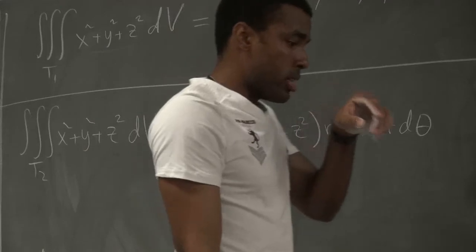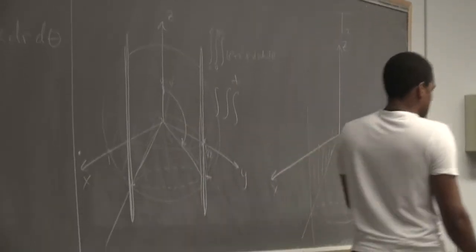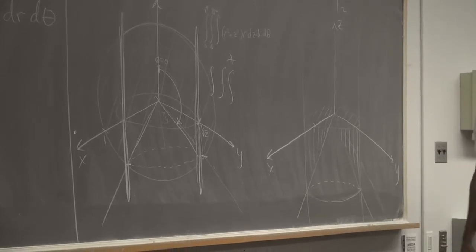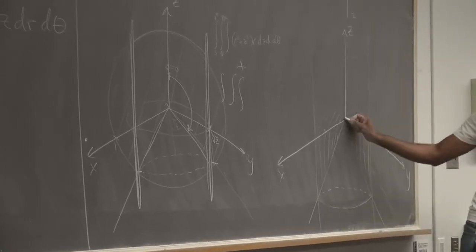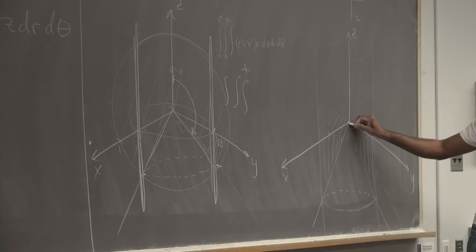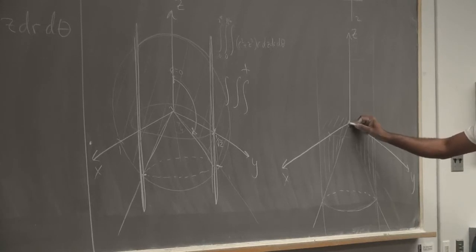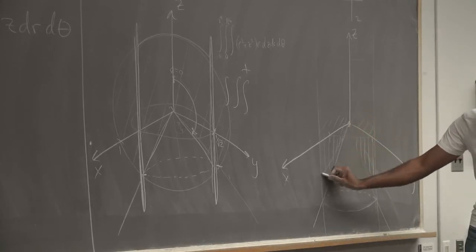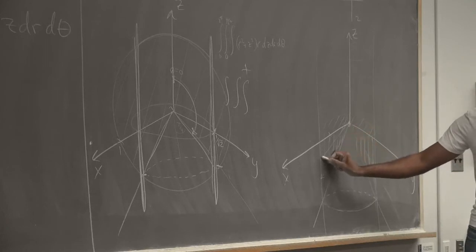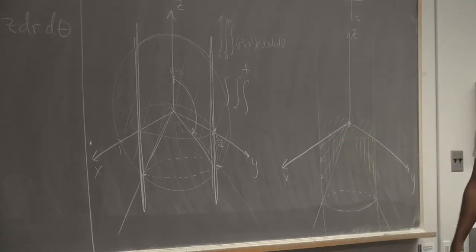If you were to try to set this up using spherical, what problems would you end up with? If you're measuring the distance from the origin to the outer part of your solid, you'd have to have two sets of integrals, which actually changes, right?